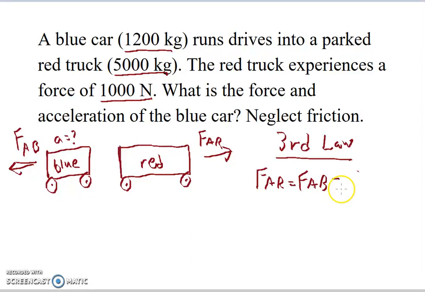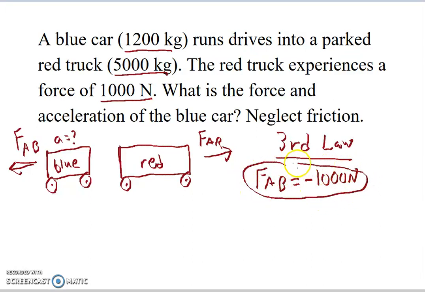So maybe I technically shouldn't write equal. The force on the blue car is going to be the same size as the force on the red truck, but negative, so it's negative 1,000. That's the first part. That's just true by the third law. That's exactly what the third law says.